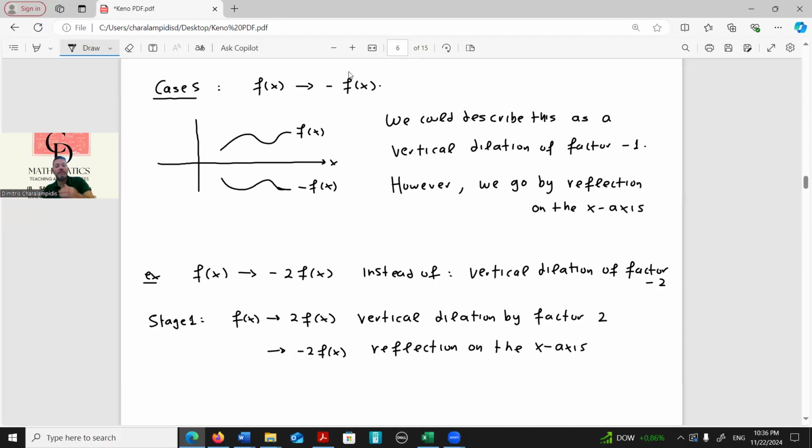So remember, instead of directly saying vertical dilation of a negative factor, you should do vertical dilation of that positive factor and then reflect it around the x-axis.